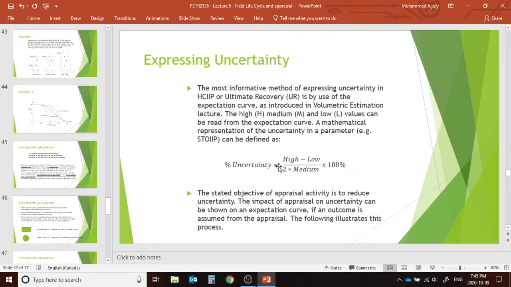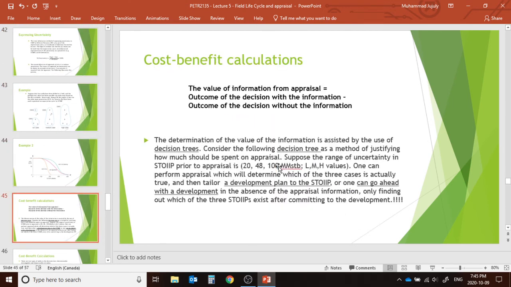Remember this uncertainty: low, medium, and high. The low, medium, and high values of the uncertainty are, like in that reservoir, there could possibly be 20 billion standard tank barrels of oil deposited, or there could be 48, most likely. What is the probability of getting that?